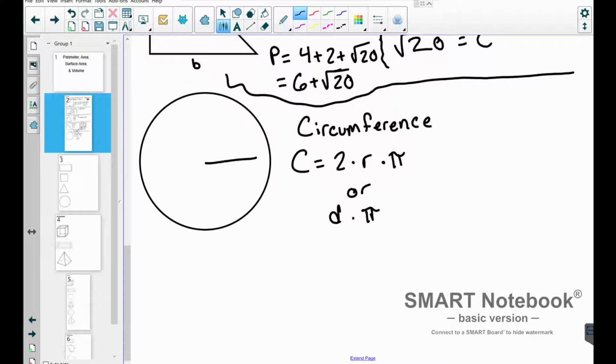So if we have a radius here of 4, then our circumference would be equal to 2 times 4 times pi, which is just equal to 8 pi. So remember, circumference and perimeter mean the same thing when it comes to circles, and you're just getting that distance around the outside.